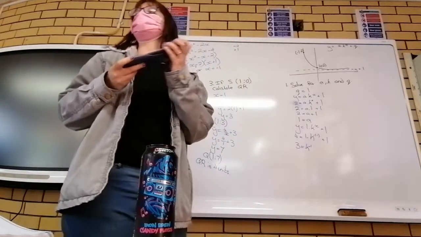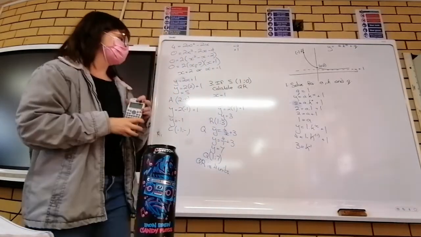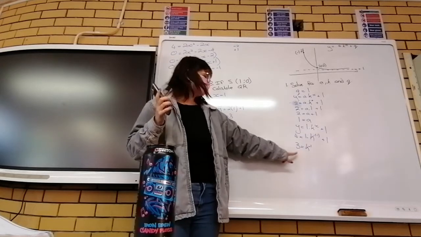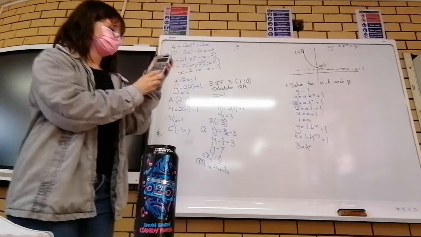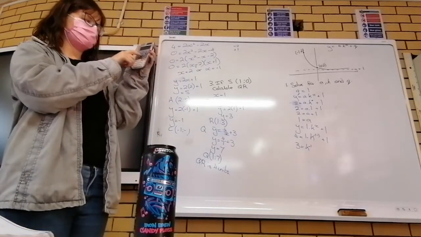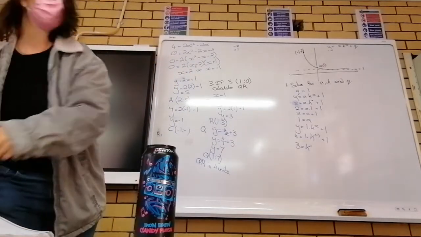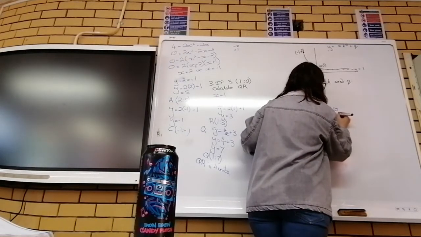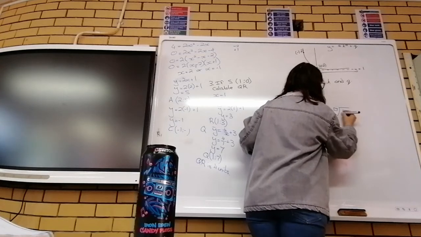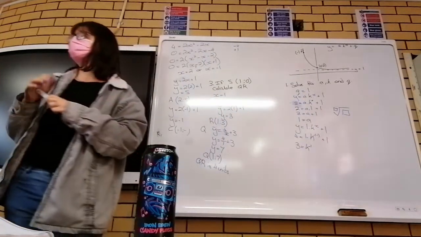Alright guys, so now what I can do is I know I need to take the root of 3, but it needs to be the root to the minus 1. So, I turn on my calculator. And I have a little button that looks like this. Alright, like that.